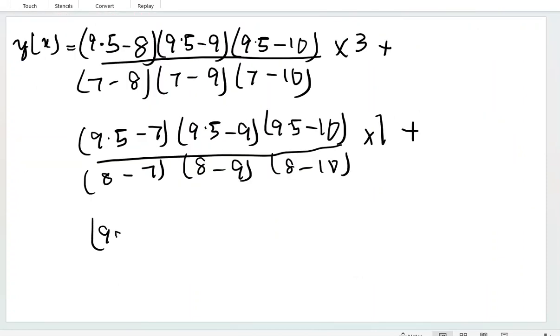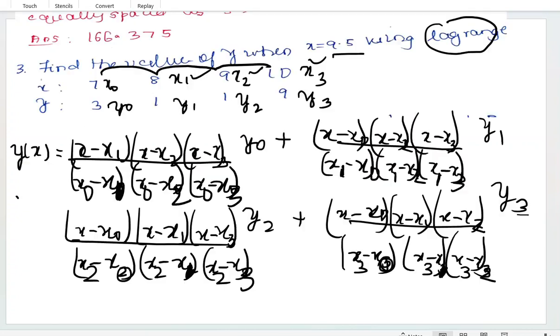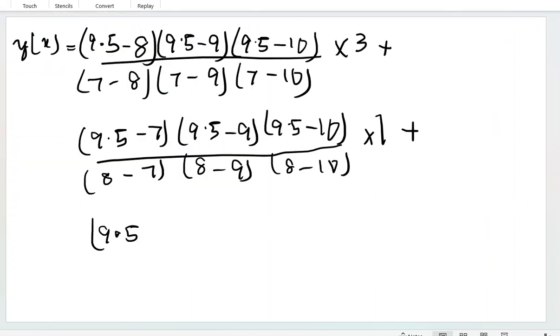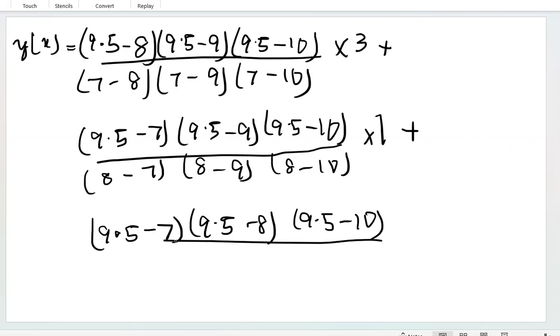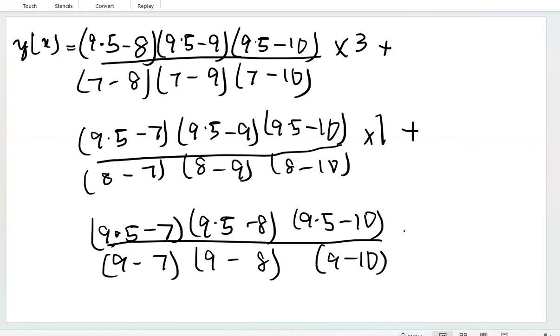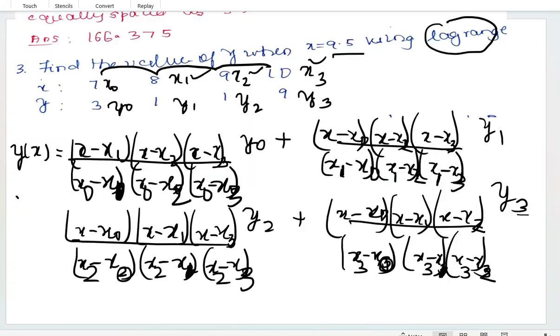Third value we write 9.5 minus 7, 9.5 minus 8, 9.5 minus 10. Down we write 9 minus 7, 9 minus 8, 9 minus 10, and we get the value as, again, by 2 is 1.